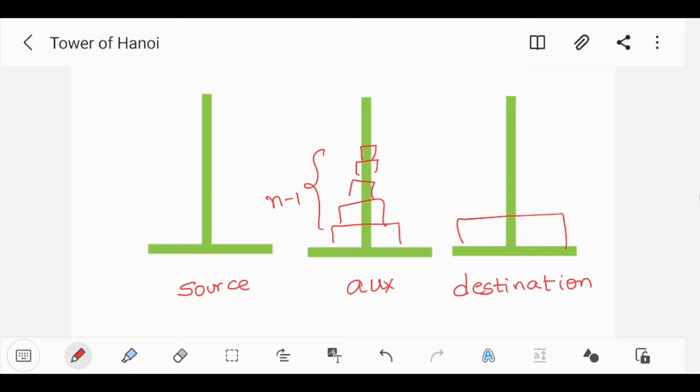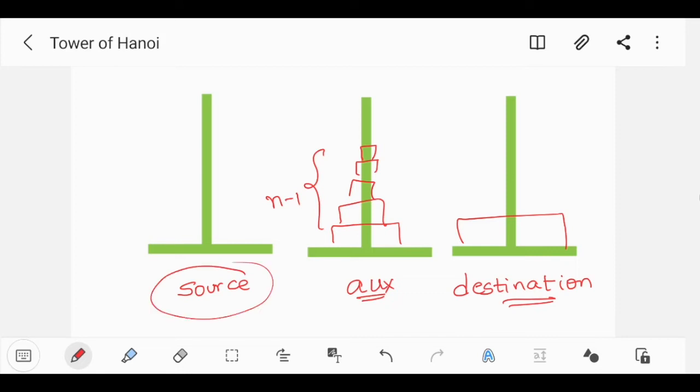So what should I do with this? These n minus 1 disks are actually a smaller problem of the same bigger instance, correct? I was trying to solve it for n. I now have a smaller problem of solving it for n minus 1. So these n minus 1 disks are to be transferred from auxiliary to destination. But do we have an additional peg to help us out? Yes, and that is the empty peg, which is source.